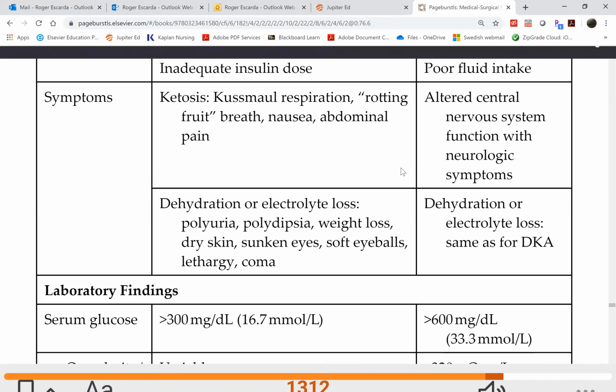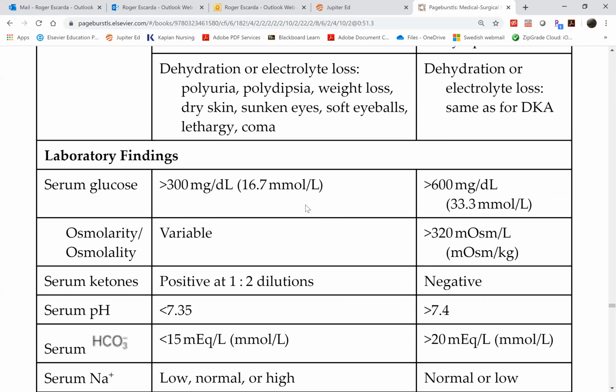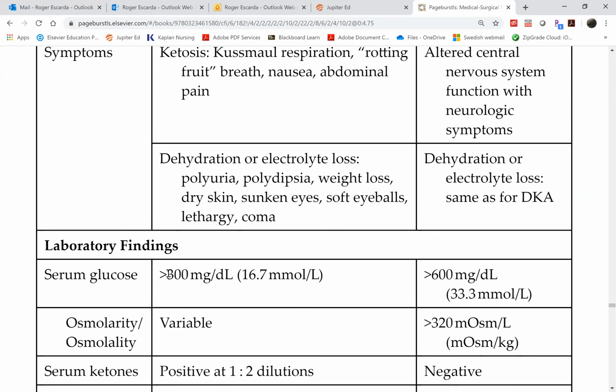However, if you look at the level of blood glucose, DKA starts at 300. Other textbooks say it starts at 250. Look at HHS. It doesn't start until 600. And we're talking about osmotic diuresis here.